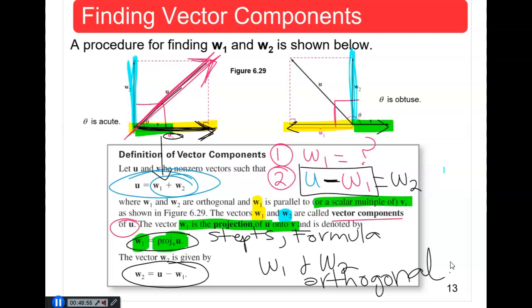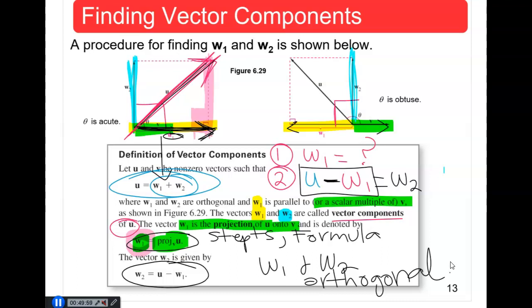If you were to connect the terminal points of both vectors, w sub 1, which is the projection of u onto vector v, and u, what you want to obtain is that if you connect those two terminal points, then it will be a perpendicular line, and therefore it will have the 90-degree angle at the intersection.